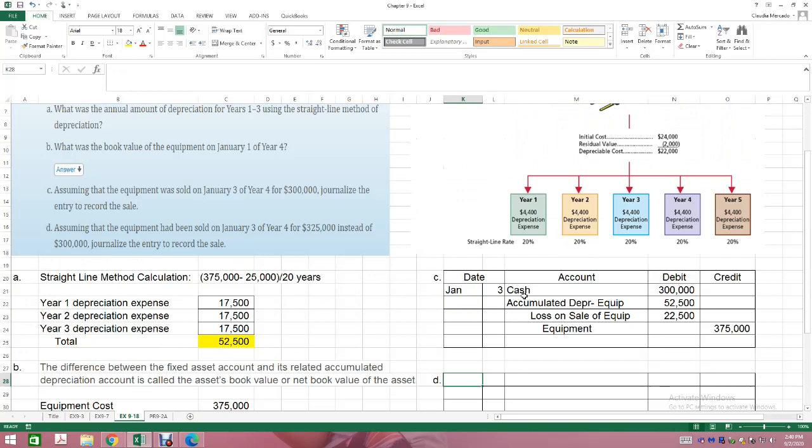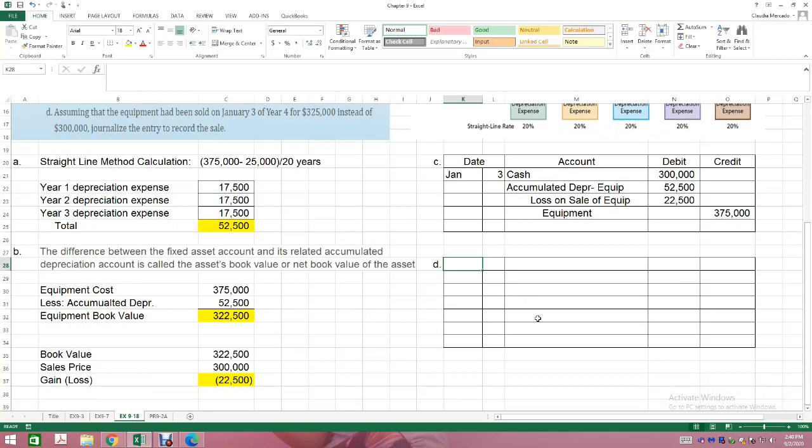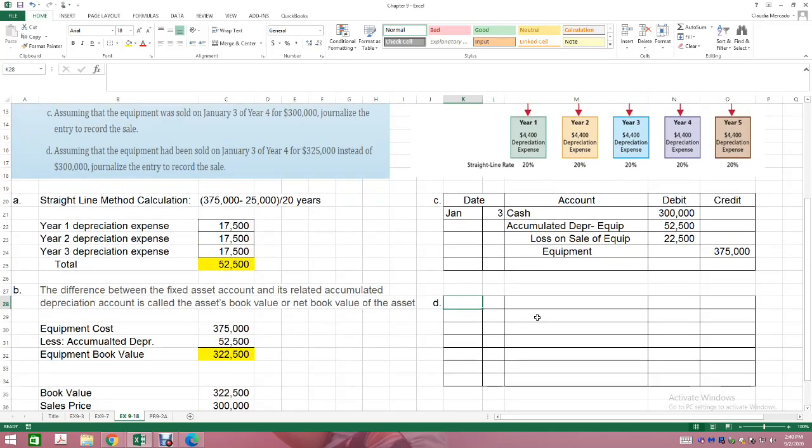Requirement D. Assuming that the equipment had been sold on January the 3rd of year 4 for $325,000 instead of $300,000, journalize the entry to record the sale. So now in this scenario, letter D, we sold the piece of equipment for $325,000. And it's happening on January the 3rd. How much cash did you receive in this transaction?